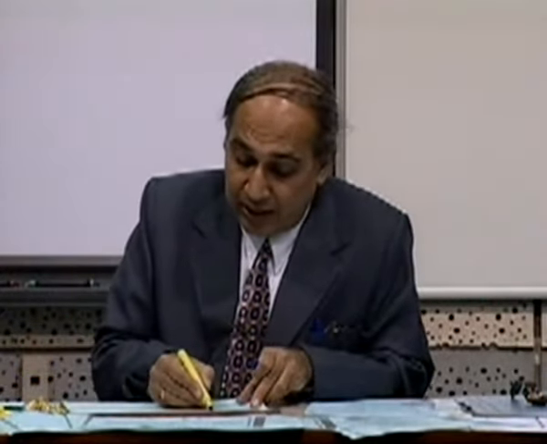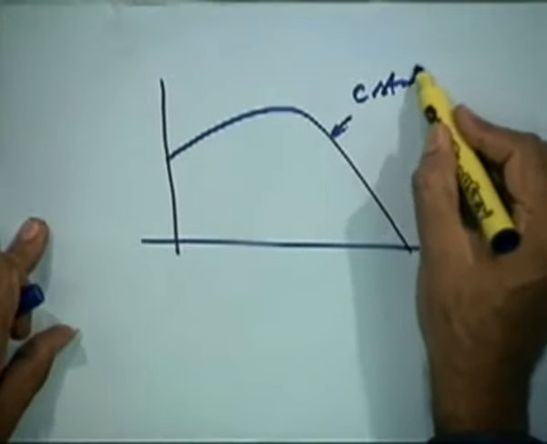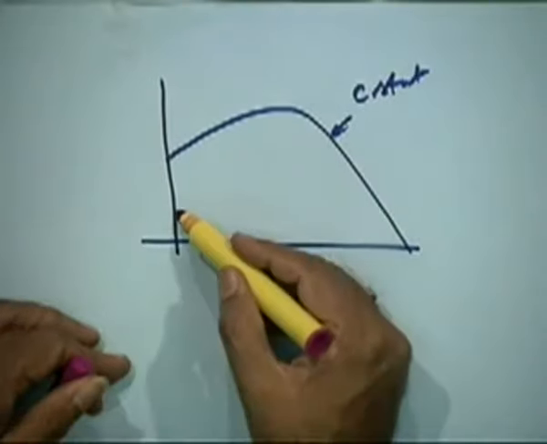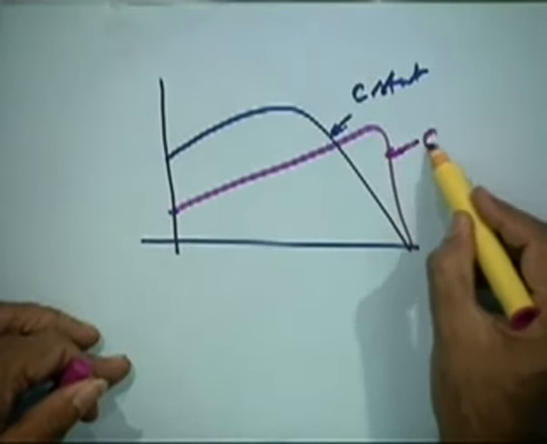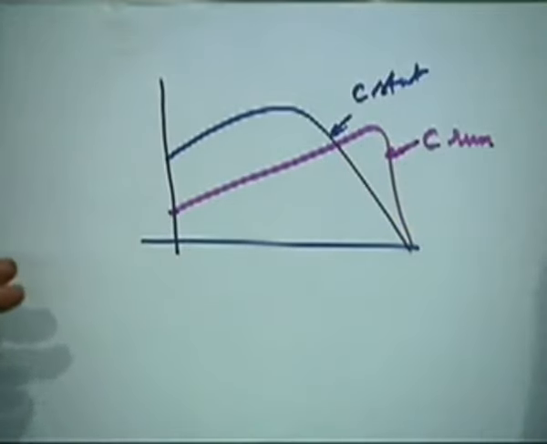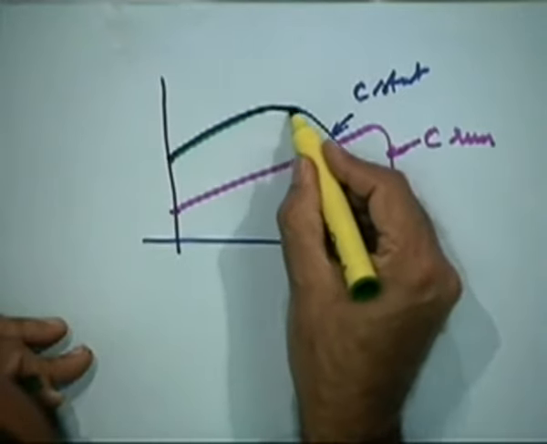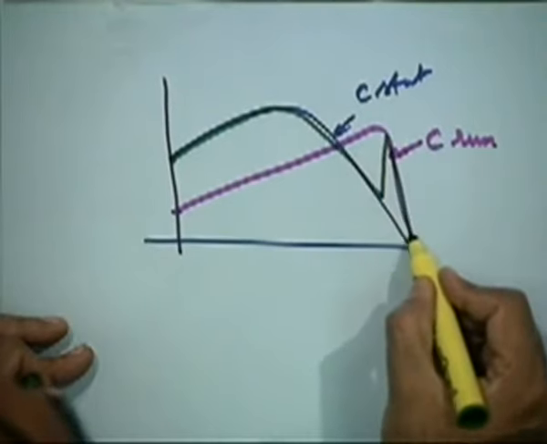If you have a two-value capacitor, supposing this is with C start, and you have another with C run, you have two characteristics. Then again you will start with C start, and then you go to C run, and that's how it should be.